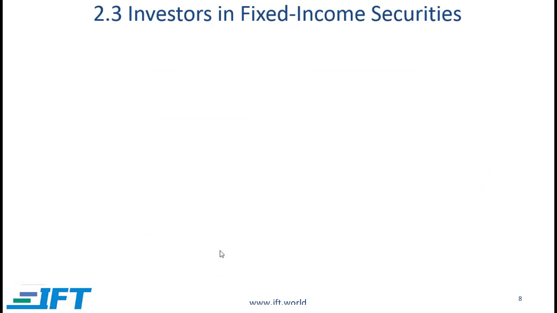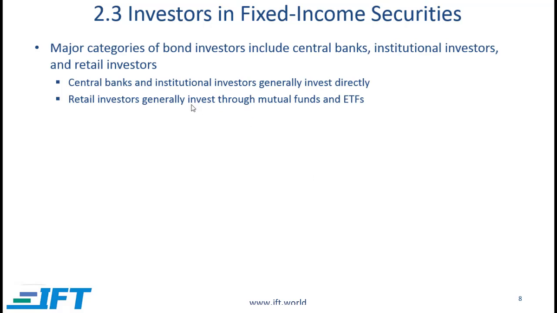Investors in fixed income securities. So far we have mostly focused on the supply side, which means who issues bonds. On this slide we talk about the demand side, or who are the players that invest in fixed income securities.